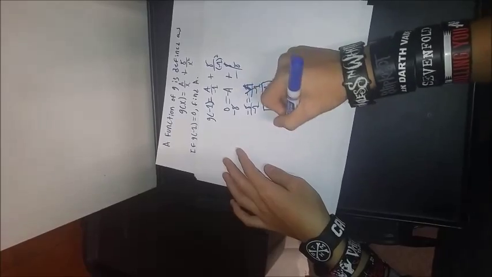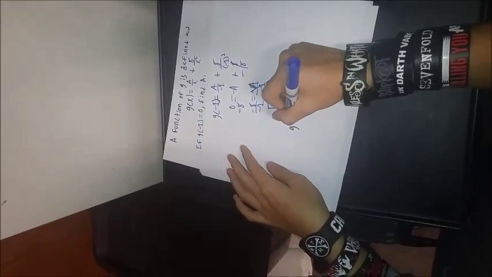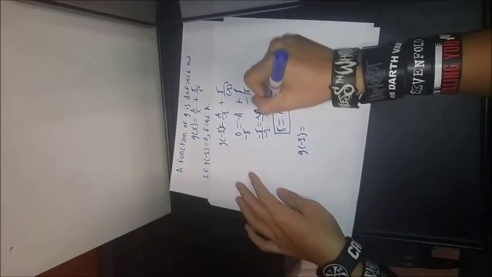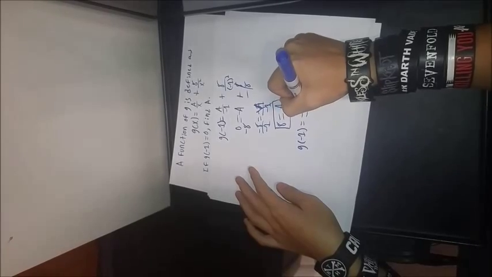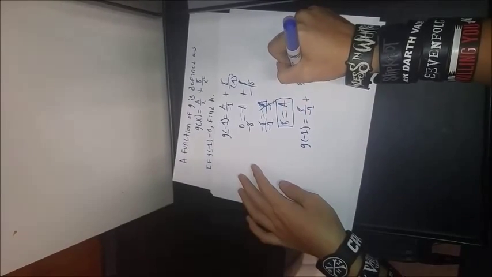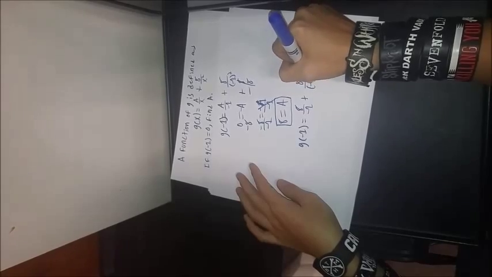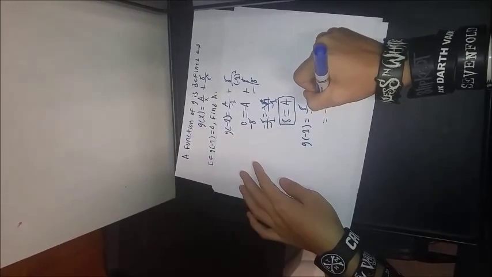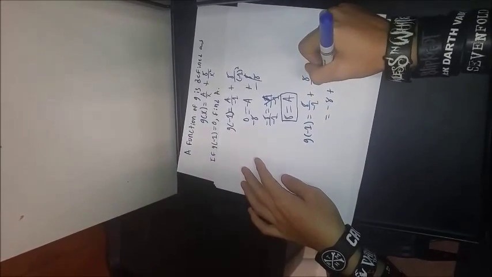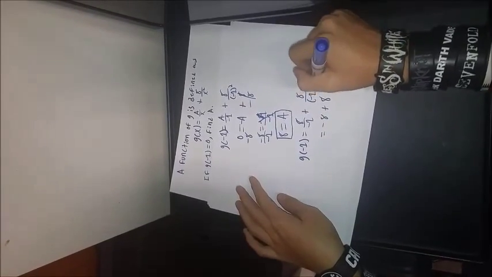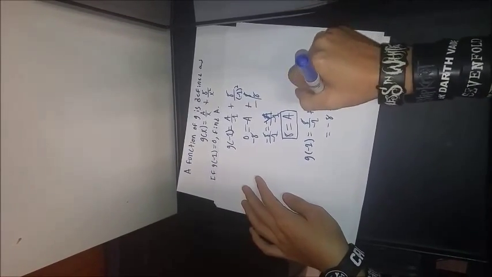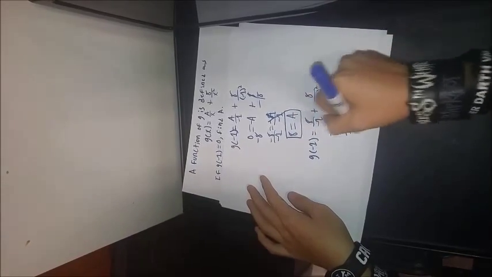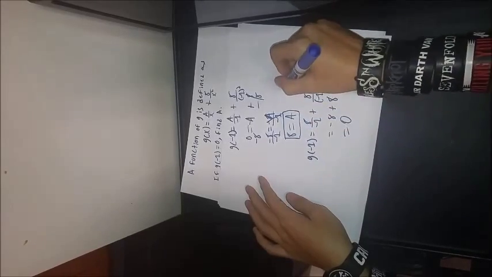So what we do is we write it out again. g of negative 1 equals, and we replace the a with 8: 8 over negative 1 plus 8 over negative 1 squared, which would make this negative 8 plus 8, because negative 1 times negative 1 equals 1, and that just makes it positive 8 still. And then we add these together, which gives you 0. And so the answer is 8.